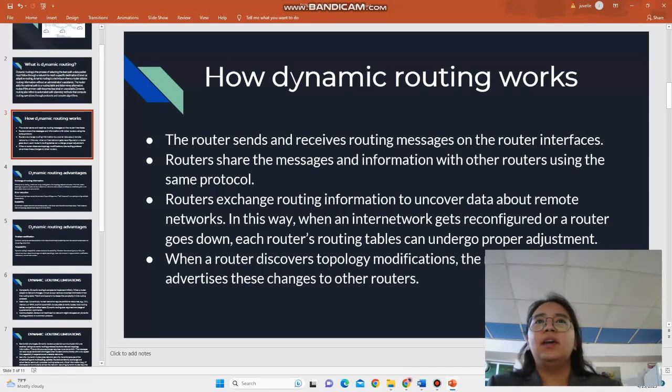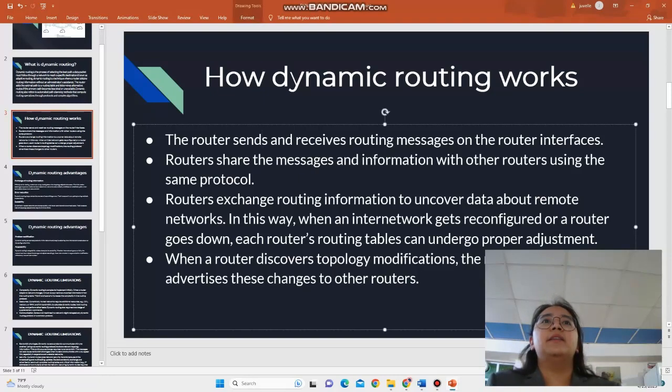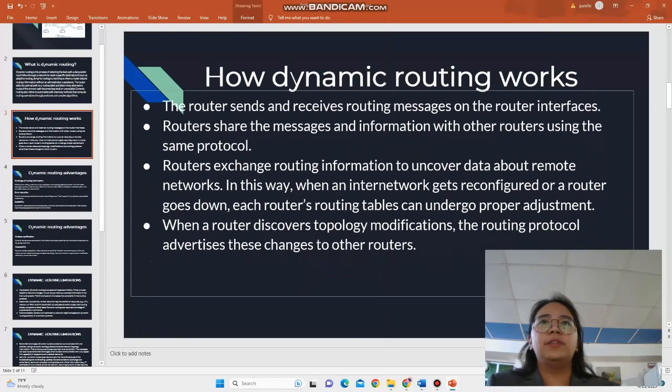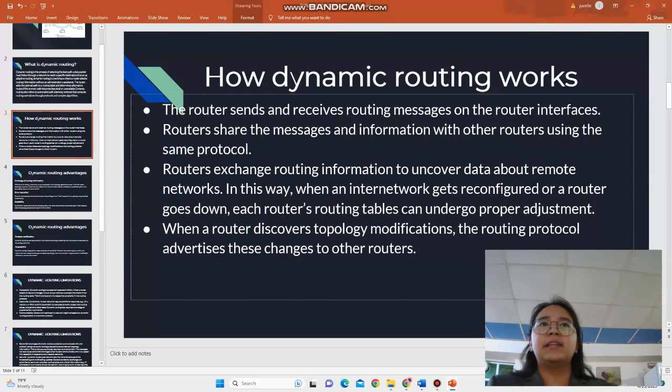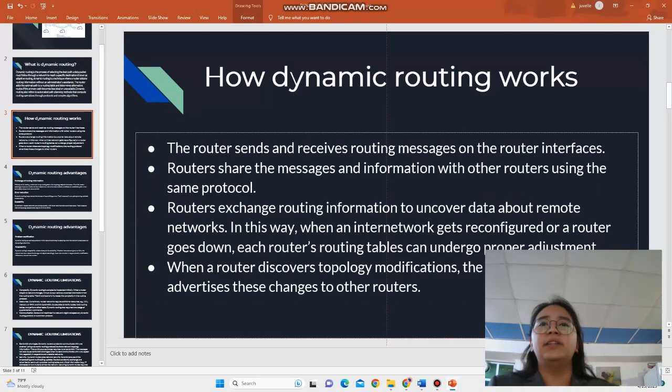In this way, when an internetwork gets reconfigured or a router goes down, each routing table can undergo proper adjustment. When a router discovers topology modifications, the routing protocols advertise these changes to other routers.